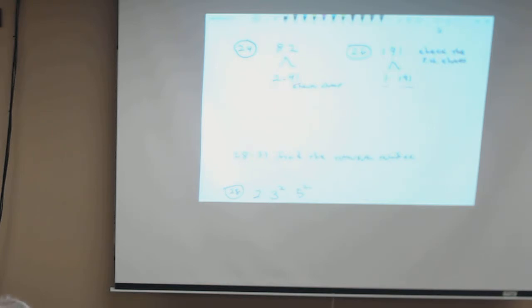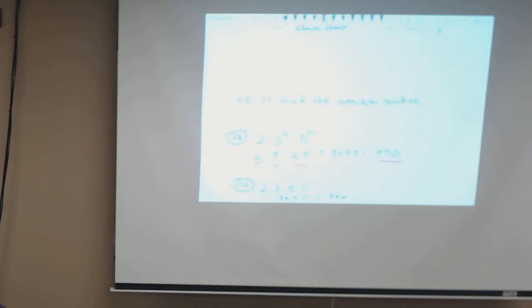Find a natural number whose prime factorization is given. Two times 3 squared is 9, times 5 squared is 25. So that's 50 times 9, 450. So you're just going the other direction.